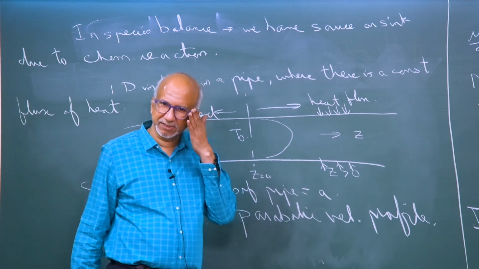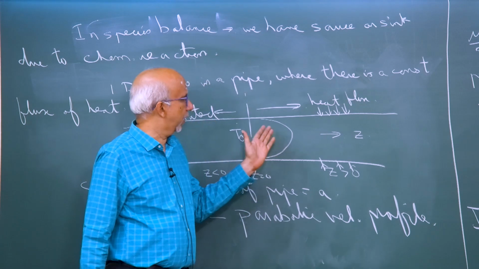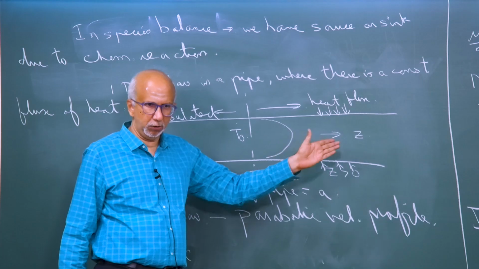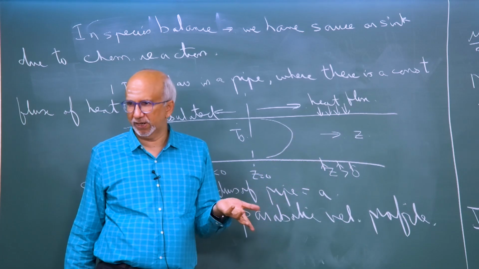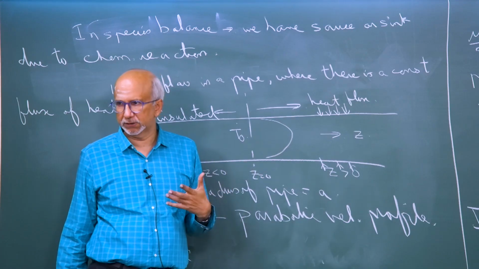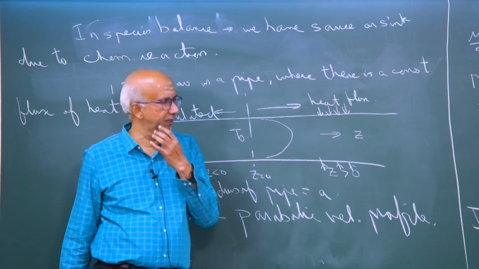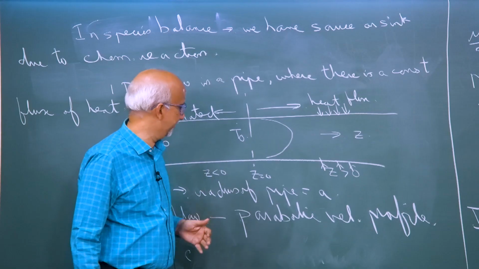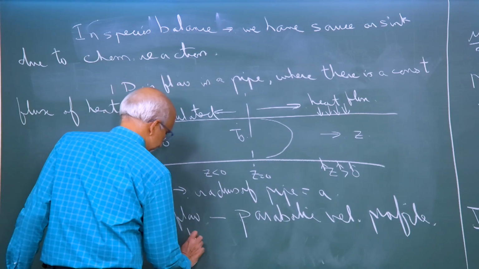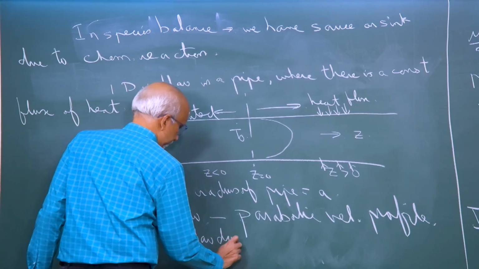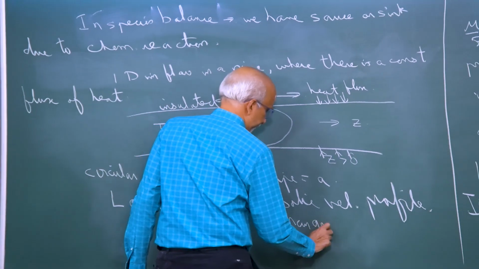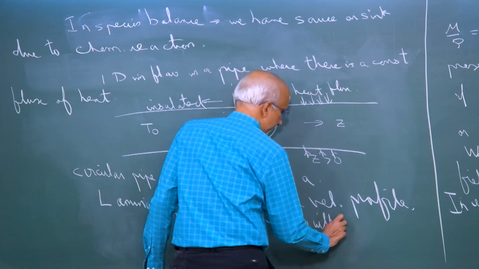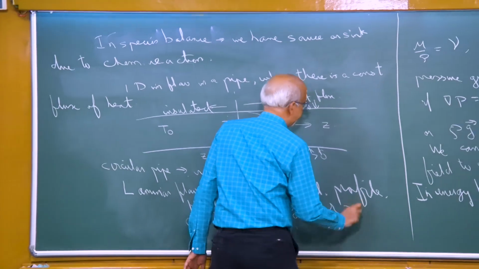So, what we are interested in is trying to find out how the temperature changes along the pipe. Temperature is going to change both radially as well as axially; that is the object of interest. So, the question is how does T change with r and z.